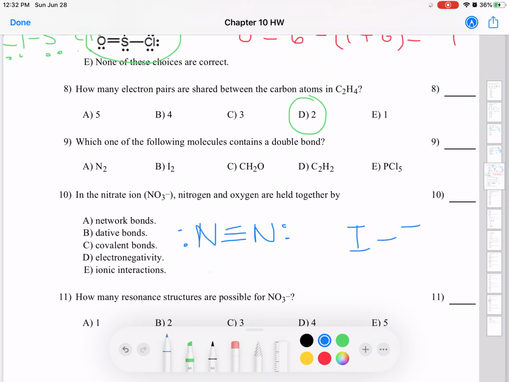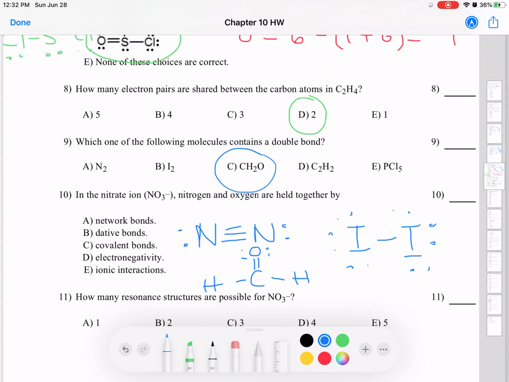And iodine, it's going to be a single bond between the two iodines. And then CH2O: carbon is going to be in the center and there are two hydrogens. The proper Lewis structure will be this. So between carbon and oxygen, you have a double bond. So this one has a double bond.